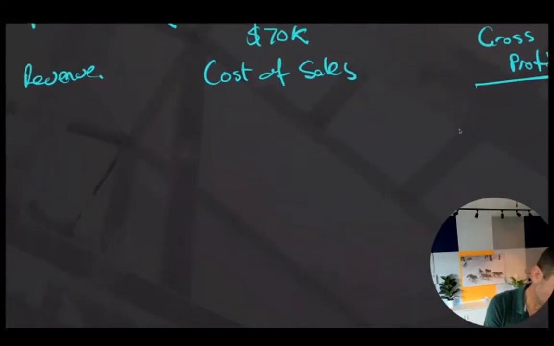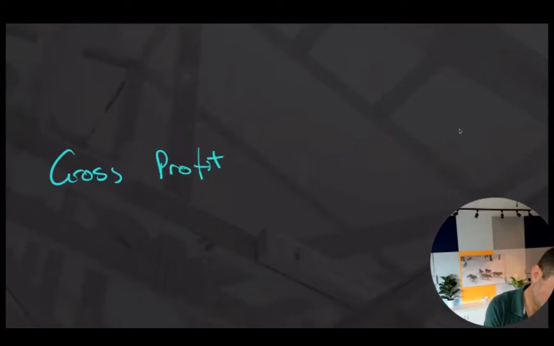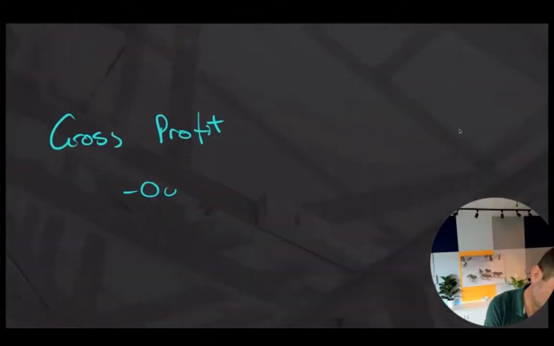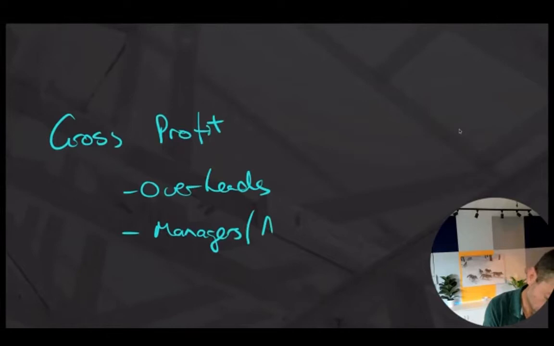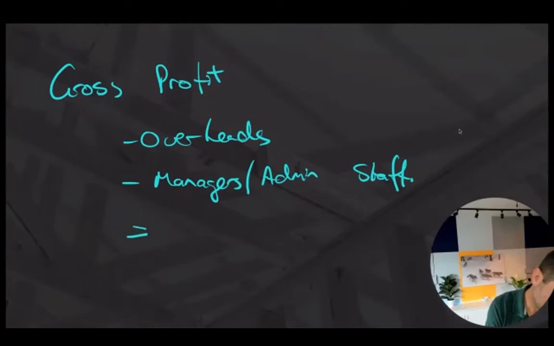Your gross profit has to cover your overheads, your managers and admin. And if there's anything left, your actual profit, which, just to be confusing, is called net profit.